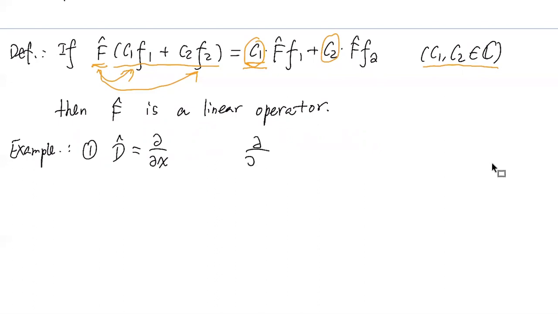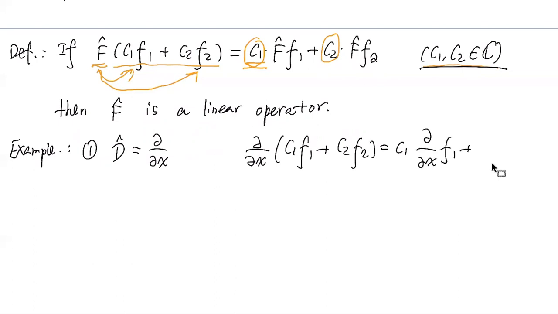Obviously, partial x of C1 F1 plus C2 F2 is equal to C1 times, well, here C1 and C2 are constants, so this is equal to C1 times partial x F1 plus C2 partial x F2. Of course, this is a linear operator.